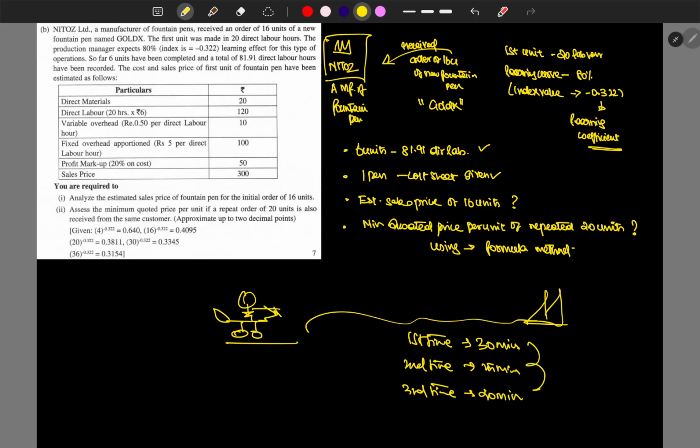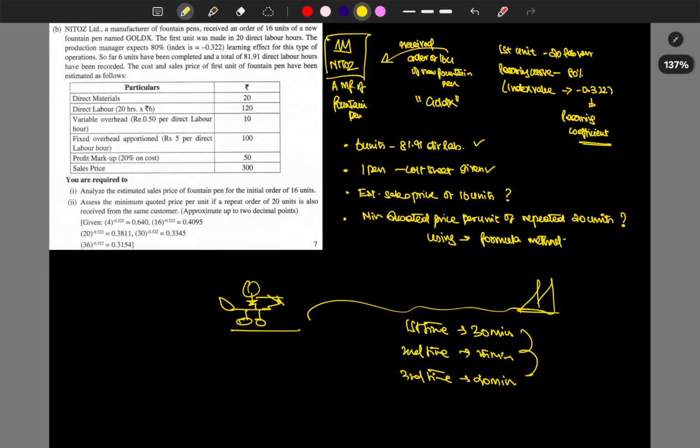So this is the learning effect. While we keep on doing the same thing, a learning curve progresses over that particular thing. That's what this entire concept is about. We are going to see this in a production manner. If you start producing a new product for the first time, it will take 1 hour.